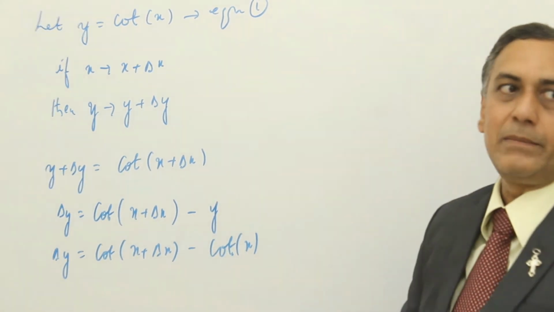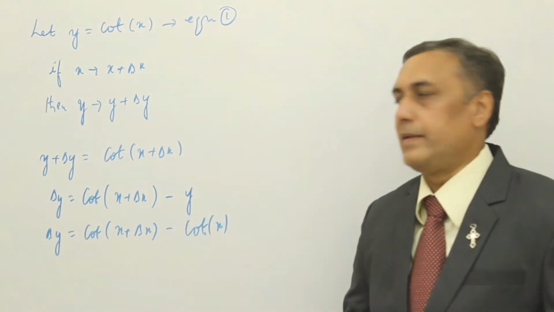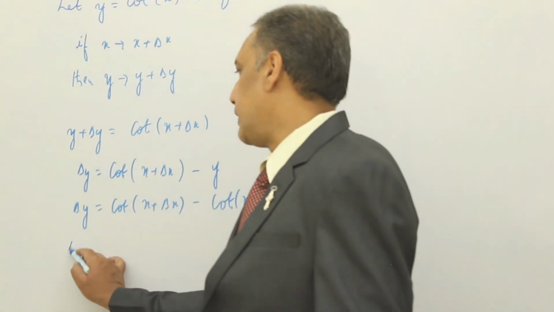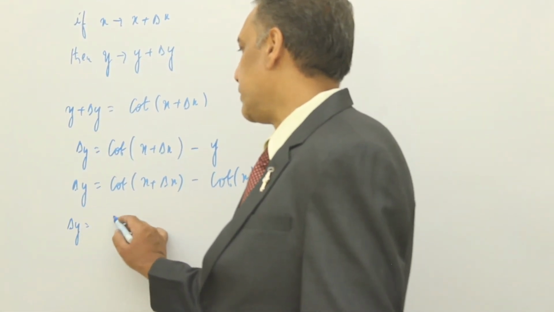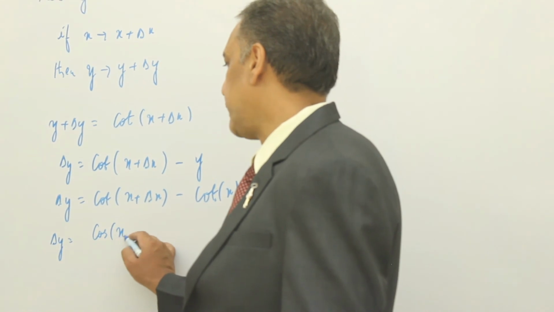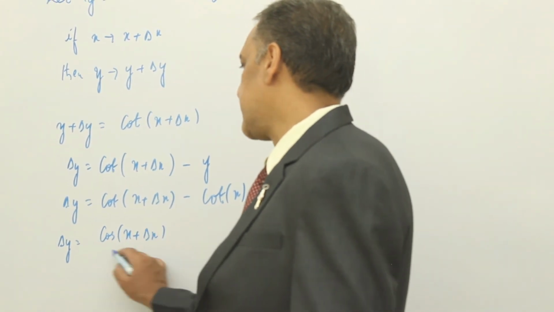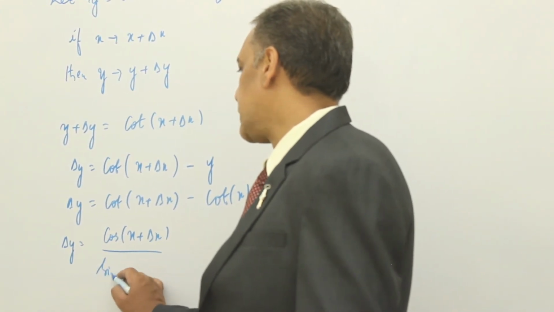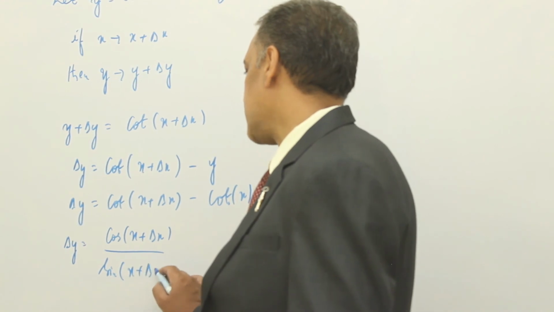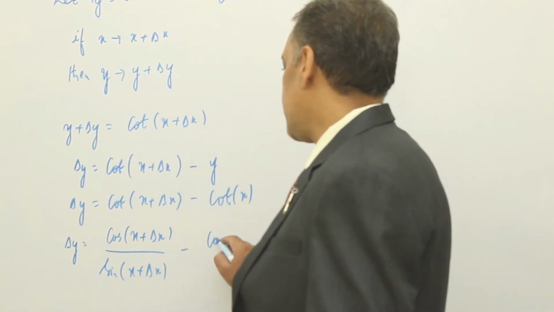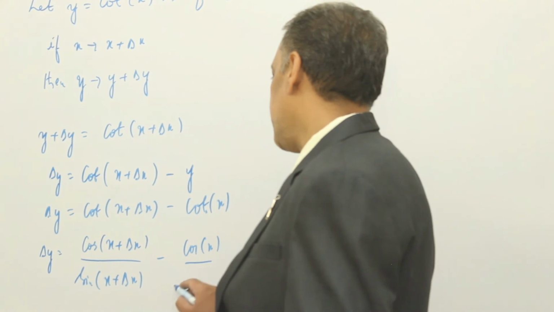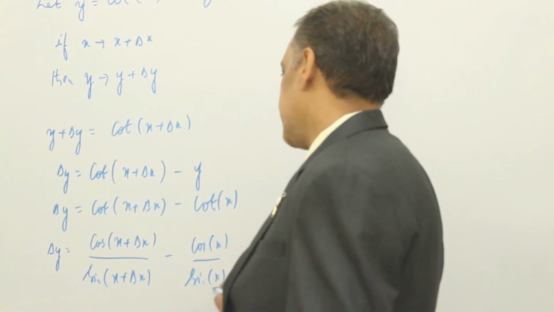But cot is nothing but cos x by sin x. So therefore, applying that, you get this is equal to cos of x plus delta x divided by sin of x plus delta x, minus cos x divided by sin x.